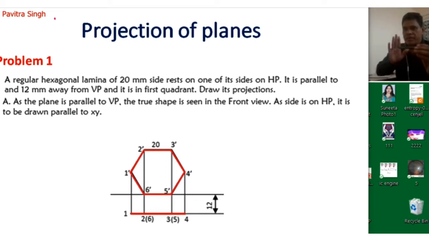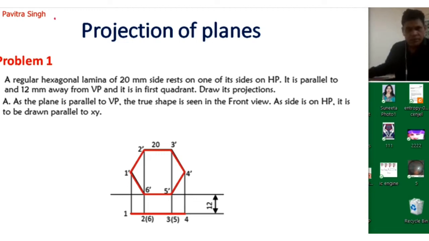Again, a segment of different lines will give you a plane, which is two dimensional. If we use a segment of different planes, this will give you a third dimension, which is a solid, meaning a three-dimensional view. So today we will discuss the projection of planes.